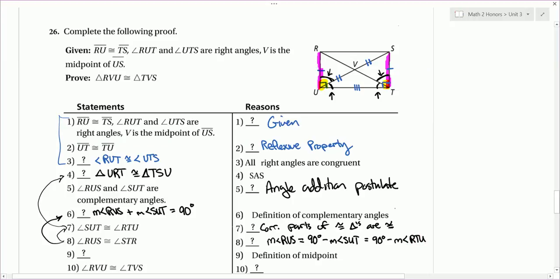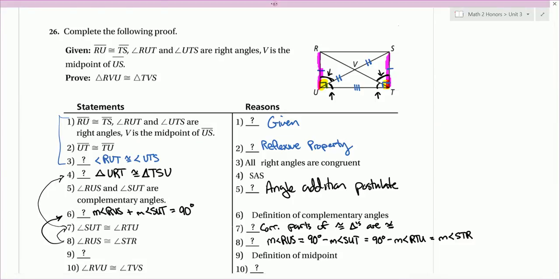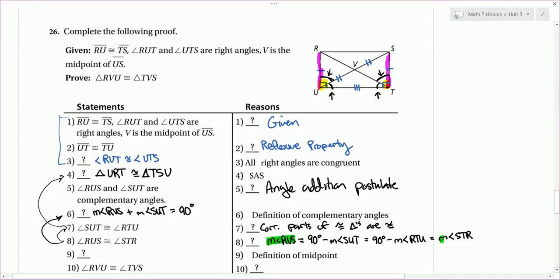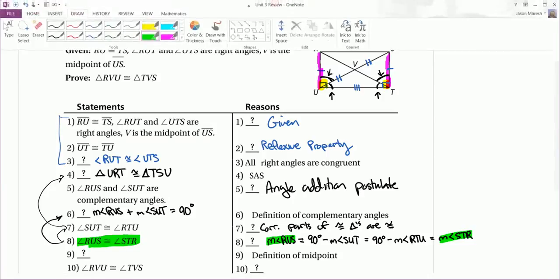And if you look at the picture, 90 minus RTU is what we see as the measure of angle STR. And so because the measure of RUS is equal to the measure of angle STR, we say that those angles are congruent. A little tough to come up with there.